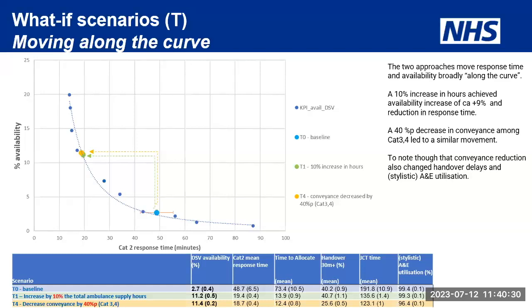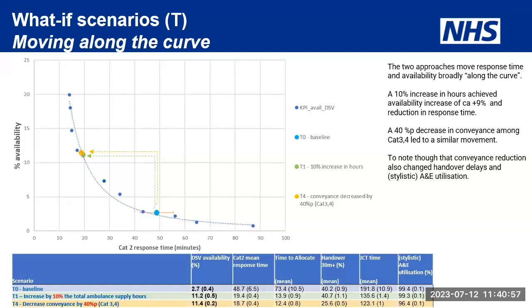Also, if you were to decrease the conveyance by 40% for those, which is about 1/5 of the incidents in the model, you also get to that kind of level. Perhaps interestingly, you have other indicators. Obviously, decreasing conveyance, what you also see is the handover 30 breaches decreasing, and the A&E utilization decreasing.